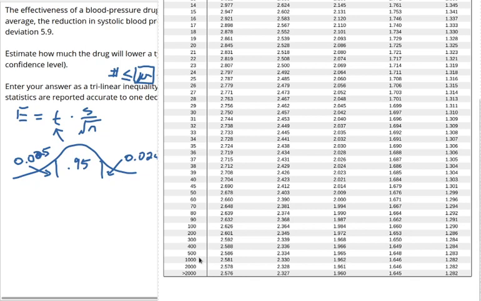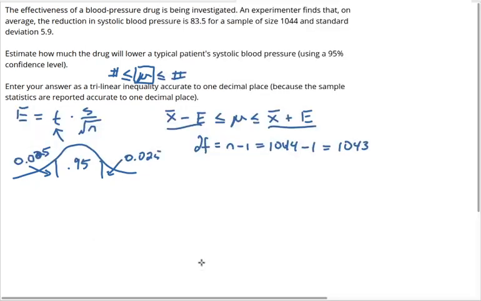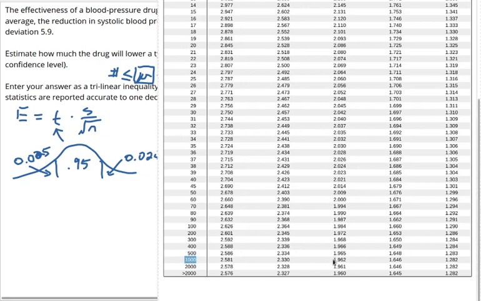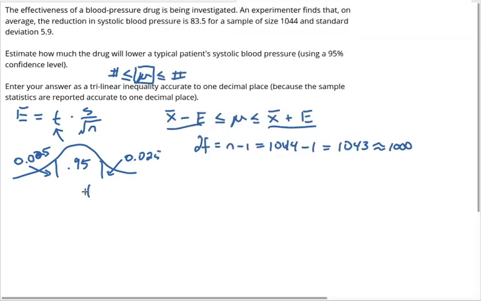So I'm just going to round to the nearest degrees of freedom that I have on the table. This is close to 1,000 degrees of freedom, and that tells me the t critical value that I'm going to use is 1.962. That would correspond to this number over here on the right side of our t distribution.